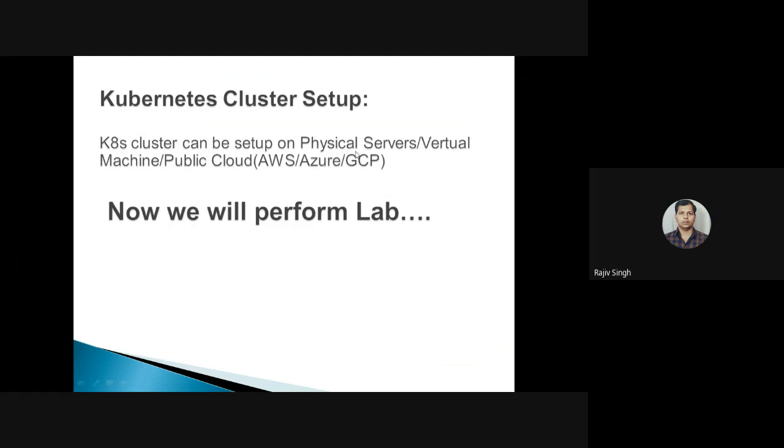For the physical machine, you have to go to the market and purchase 2 to 3 servers, install them, and then create the Kubernetes cluster. But it is a very tedious task and very costly. For virtual machines, you can create them on your system with the help of VMware or Oracle VirtualBox, and then create the Kubernetes cluster.